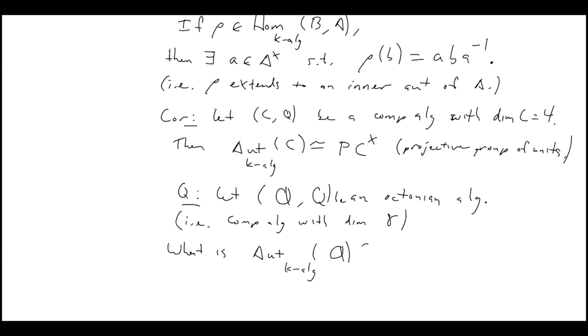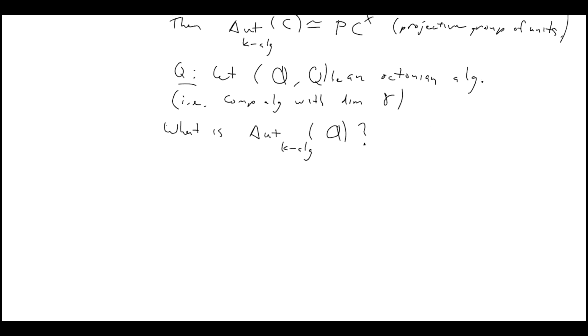What is the group of K-algebra automorphisms? In the second half of this first lecture, we'll show that this is in fact G2. But how are we going to go about doing this? We need to introduce the relevant geometric objects that are going to allow us to investigate this automorphism group. And here's an important concept.